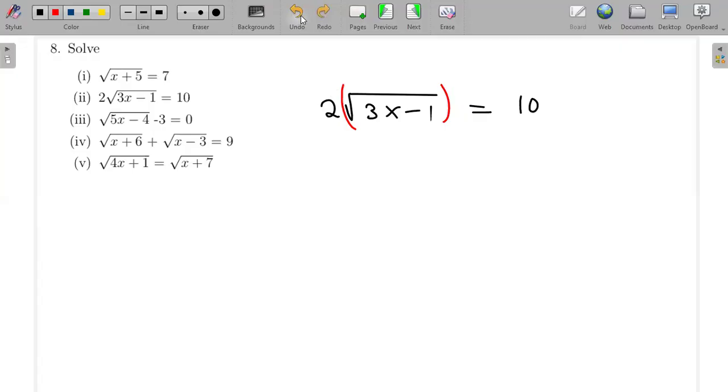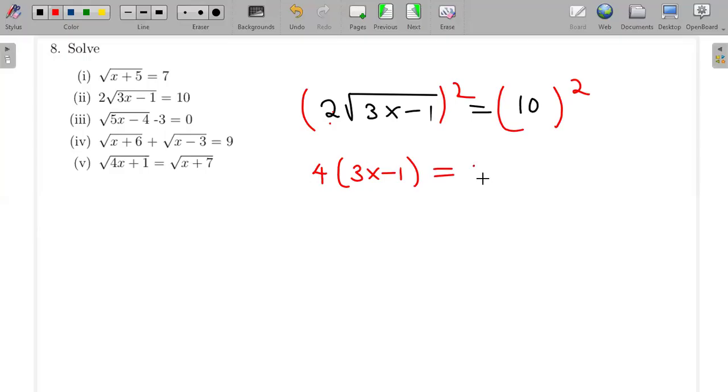If you're squaring, then everything on the left should be squared and everything on the right should be squared. So this square is going to be distributed to the 2 and to the root of 3x minus 1. When it goes to the 2, it will be 2 squared, which is just 4. And when it goes to the root of 3x minus 1, it will cancel out with the root. So I remain with 3x minus 1, which is equal to 100, because 10 squared is 100.